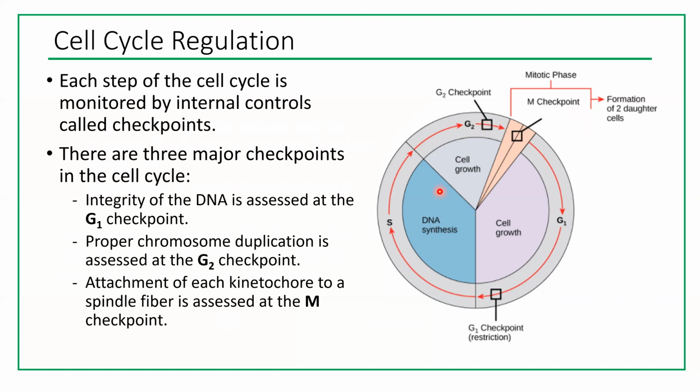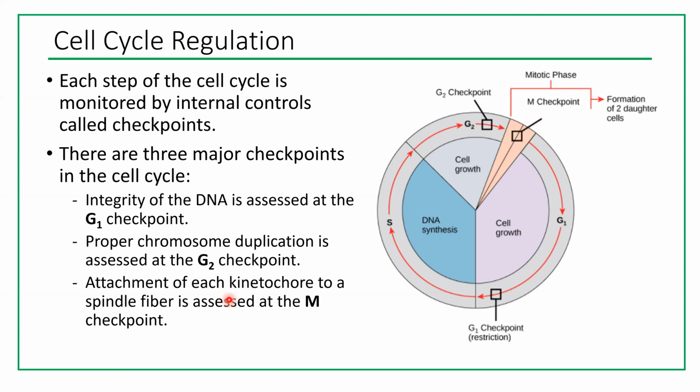But if DNA synthesis was fine, DNA was replicated, then the cell will proceed to division. Now, M, it's right in the metaphase, right? So when the cell is ready to separate its sister chromatids, that's what this checkpoint is going to assess.